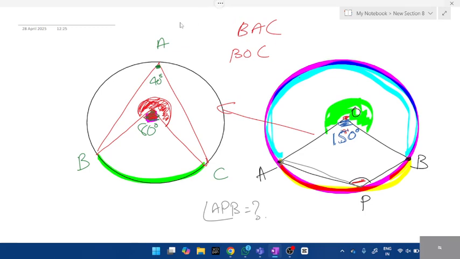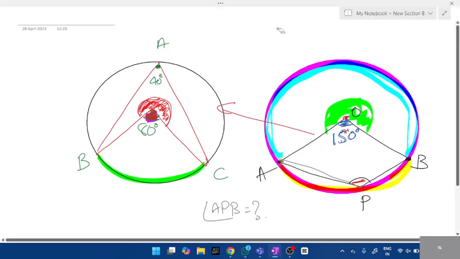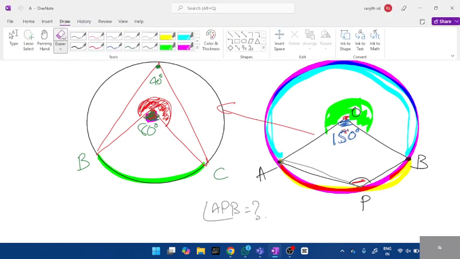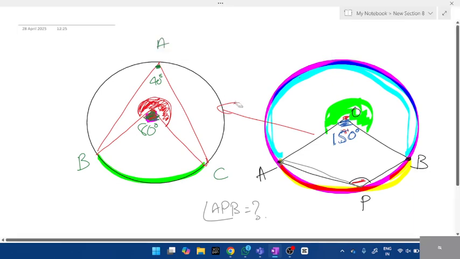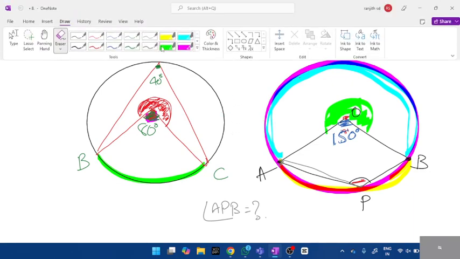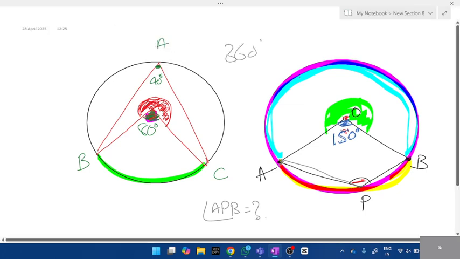So what will be the value of this exterior angle? 360 minus 150. How much is 360 minus 150? 210. See, they are not exactly opposite. There is one angle in between.